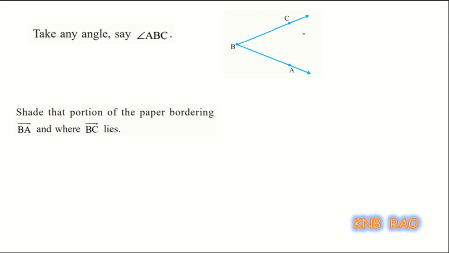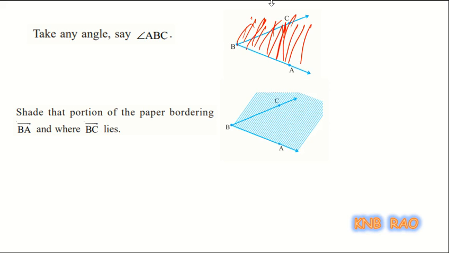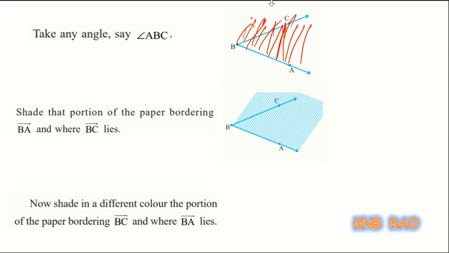If you shade, it contains BC also. So, more specifically I have taken a figure like this. Next, with a different color, shade the portion towards BA, that means starting from DC, like this.